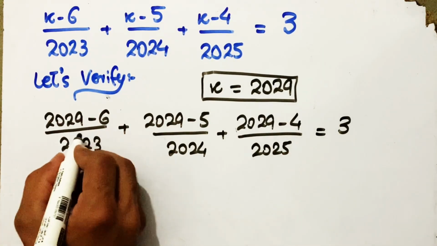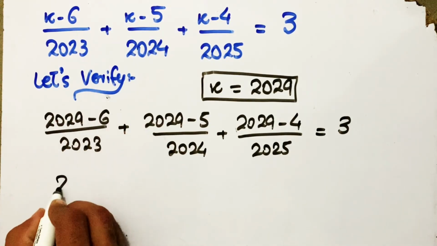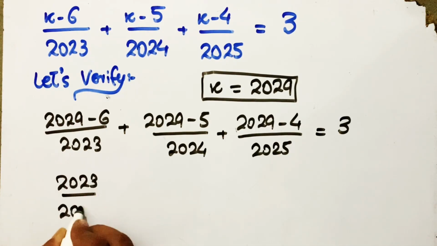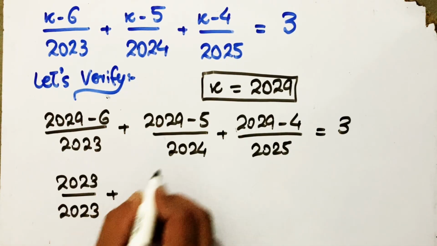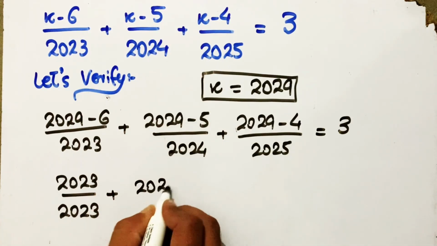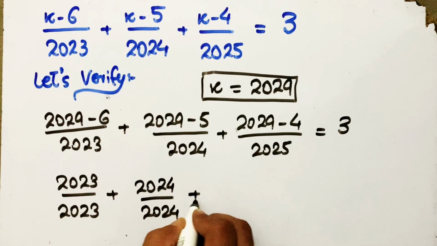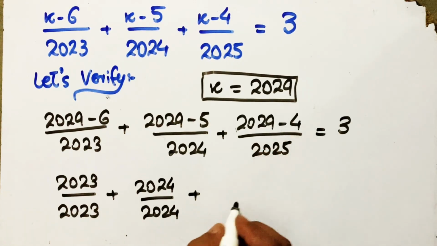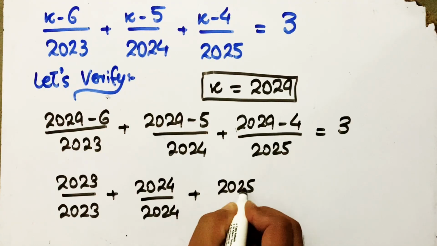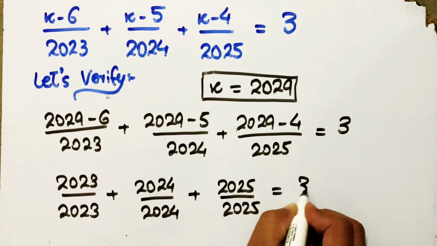Next, 2029 minus 6 becomes 2023, so 2023 divided by 2023, plus 2029 minus 5 becomes 2024, so 2024 divided by 2024, plus 2029 minus 4 becomes 2025, so 2025 divided by 2025, that is equal to 3.